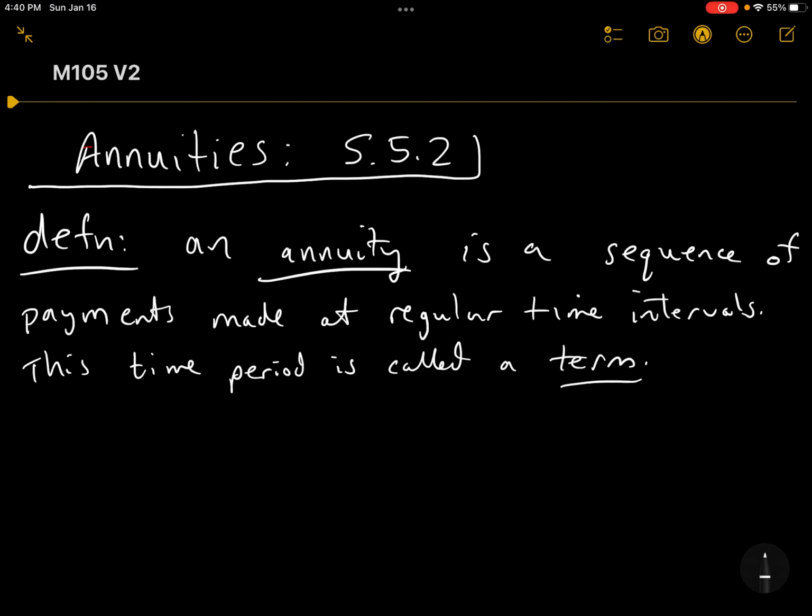Okay. And it's important to note that payments into said annuity need not all be equal. But mostly they are.